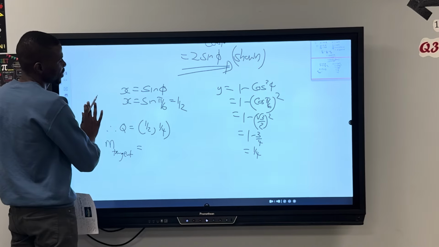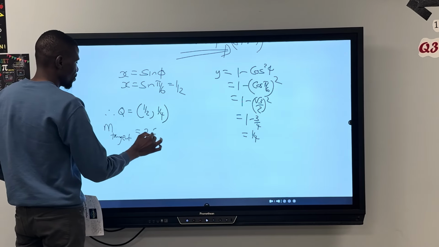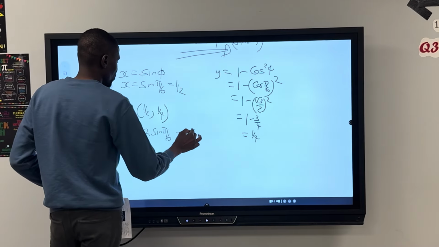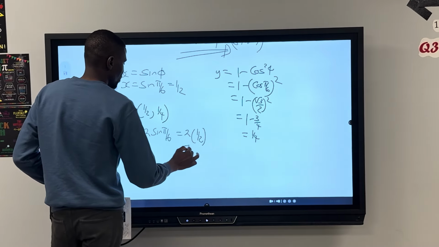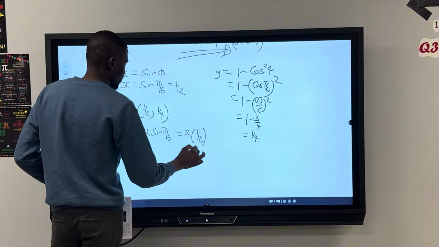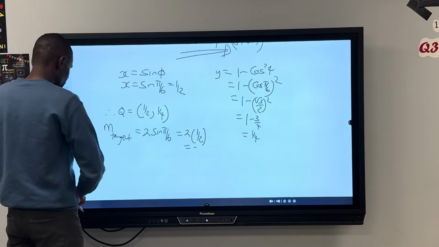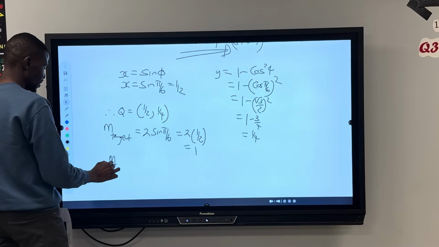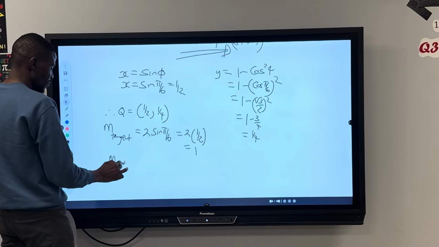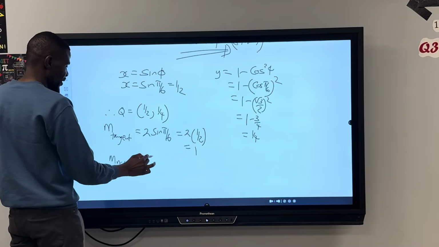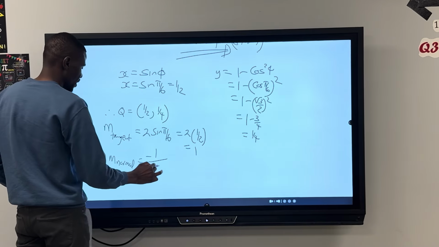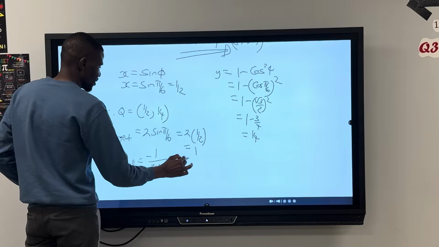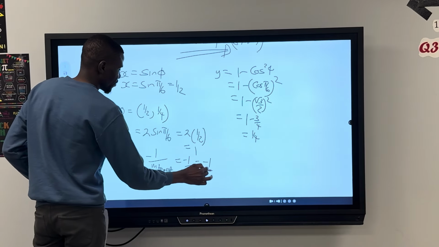Since it was 2 sine phi, it's going to be 2 sine pi over 6, which equals 2 times 1 over 2, which is equal to positive 1, right? Then we also need our normal gradient. So normal gradient is equal to minus 1 over gradient of tangent, which is equal to negative 1 over 1, which is just negative 1, right?